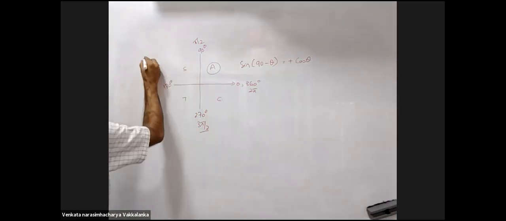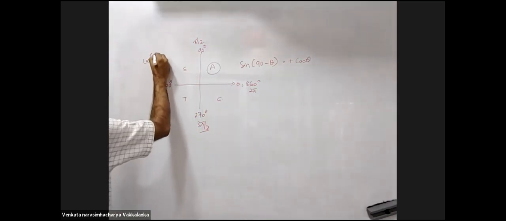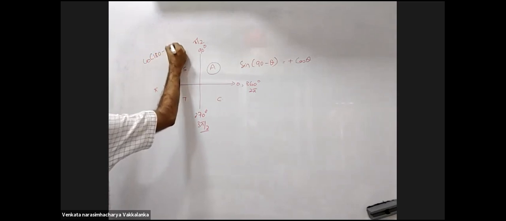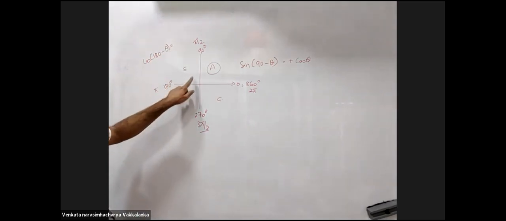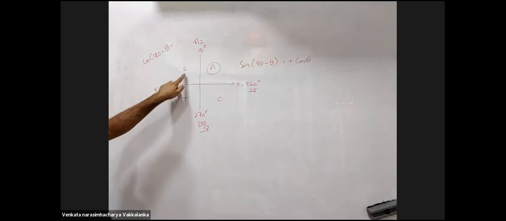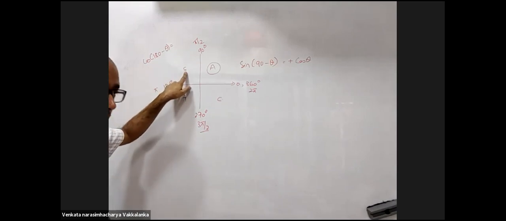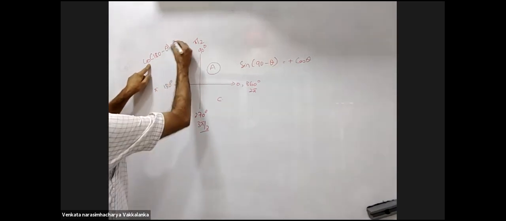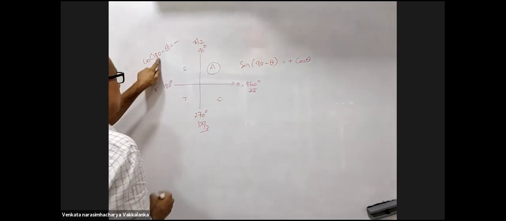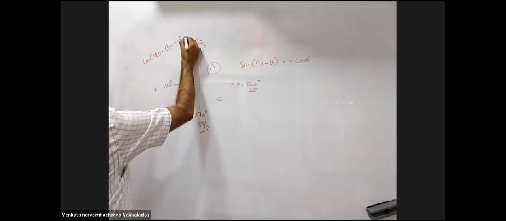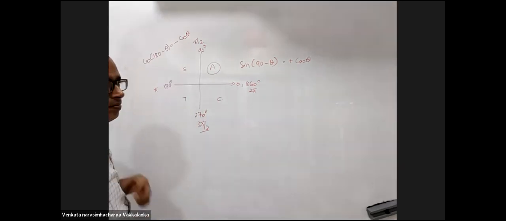Second quadrant, if I take cos 180 minus theta, 180 minus theta will be in the second quadrant. Sine is positive, so cos will be minus. 180 will keep cos as cos theta.